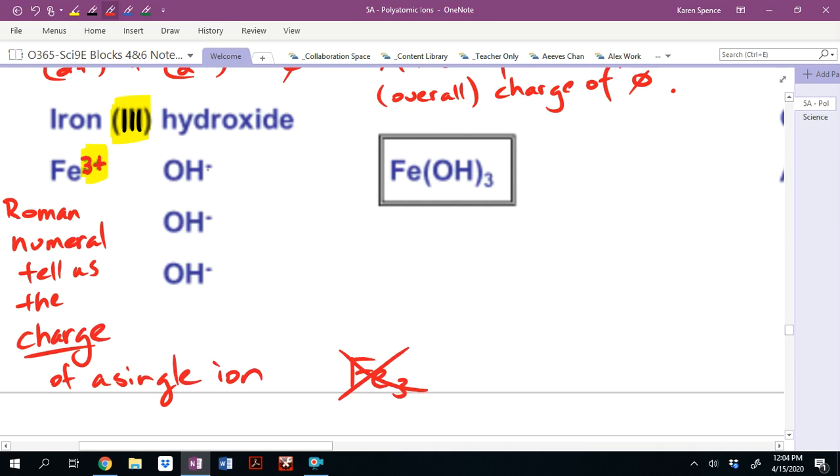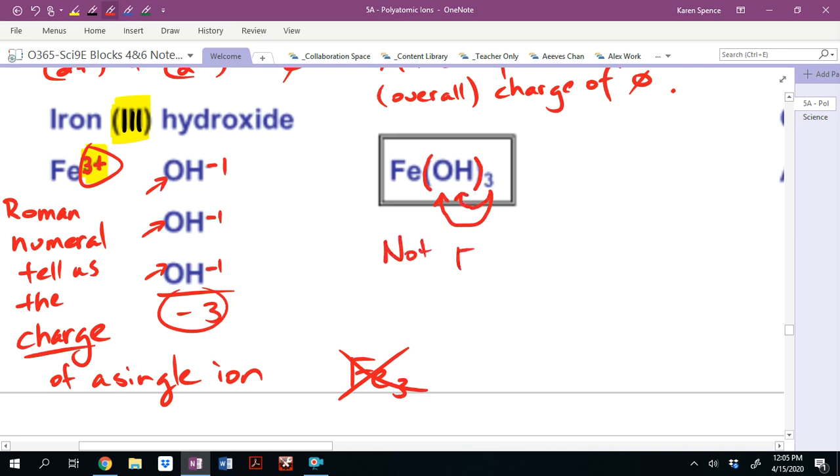In order to have a neutral compound, we're going to have -1 plus -1 plus -1, giving us a total of -3. 3 positive and 3 minus gives us an overall charge of 0. And again, in order to have 3 oxygens and 3 hydrogens, this has to go in brackets. It's not going to be FeOH3. That would only be 1 oxygen, which would be bad.